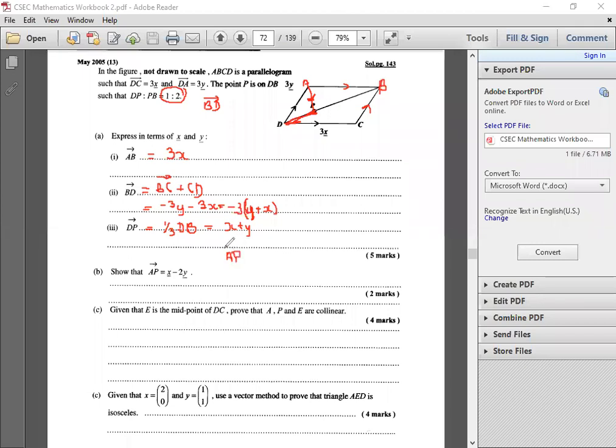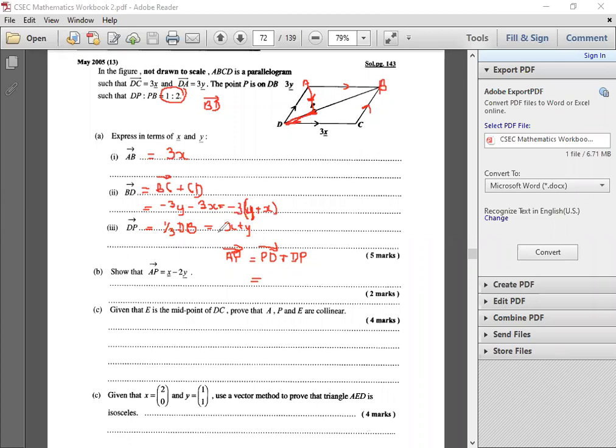To get to AP, we have to move from PD and then up to P. We know that PD, did we calculate PD?